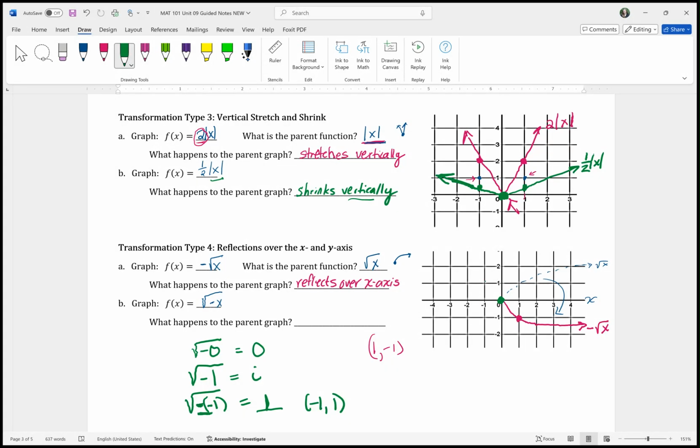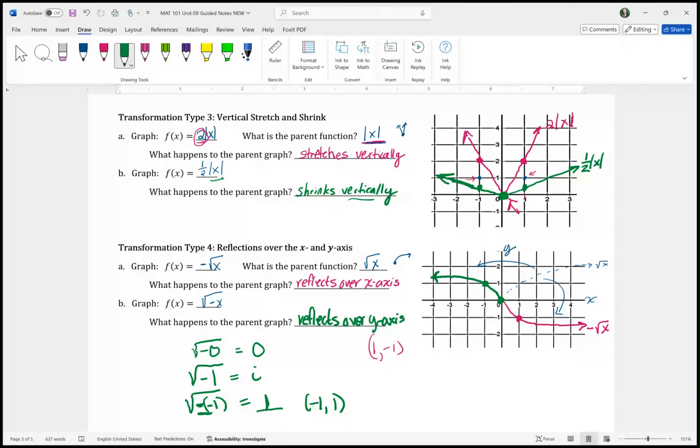Negative 1, positive 1. This is going to go this way. Okay? So if you have this blue line to start with, what happened to this one? It actually reflected this way. So this is reflecting over the y-axis. So it reflects over the y-axis.